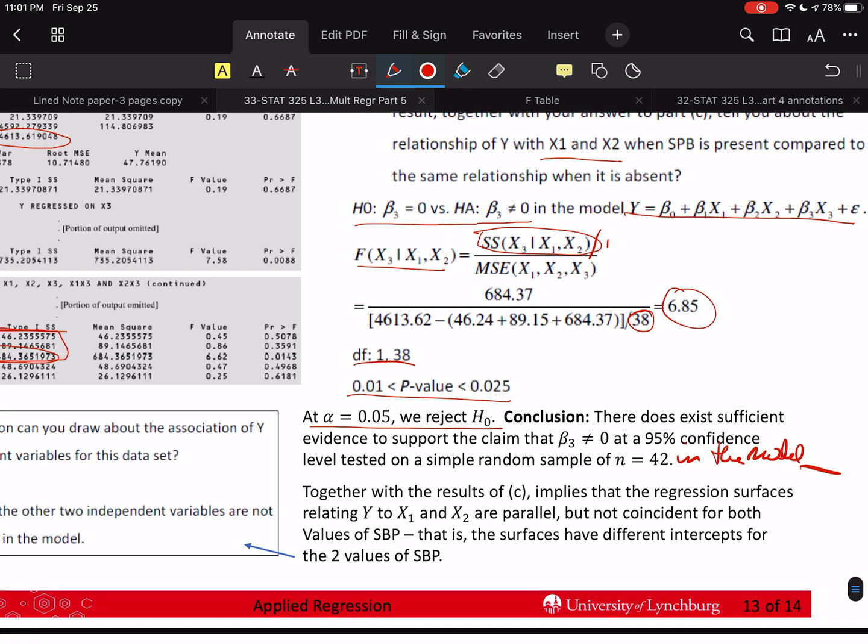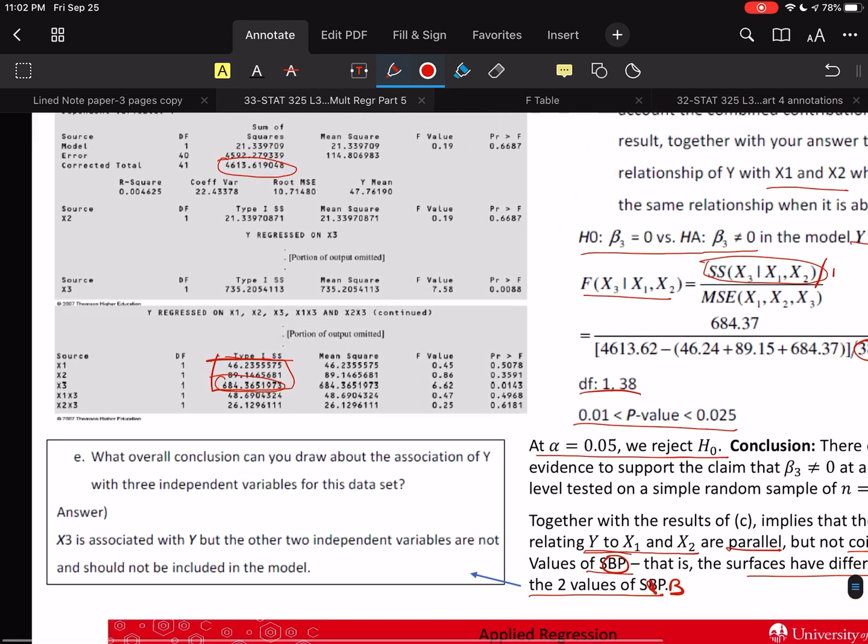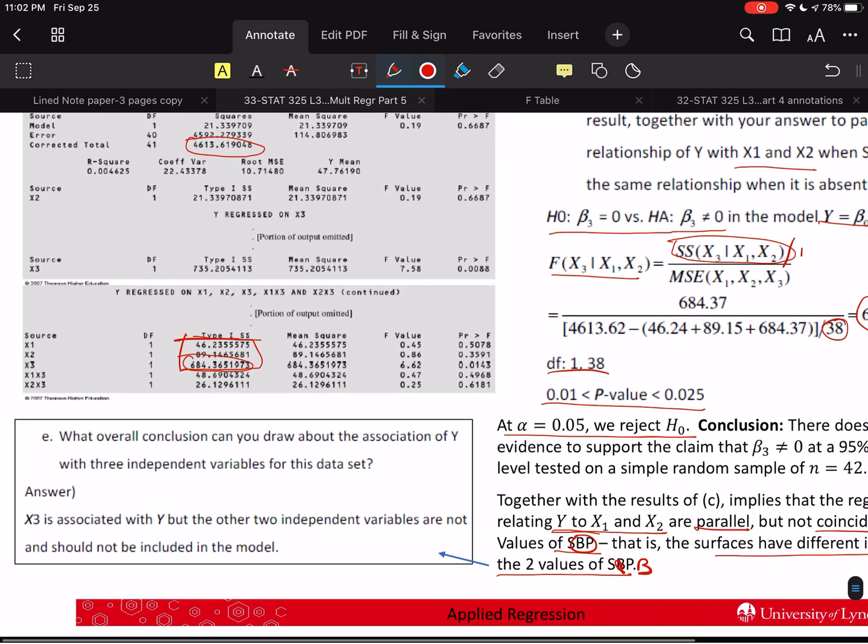All right, together with the results of C, this implies that the regression surfaces relating y to x1 and x2 are parallel, but not coincident for both values of SPB. That is, the surfaces have different intercepts for the two values of SPB. Okay, so what overall conclusion can you draw about the association of y with the three independent variables for this data set?